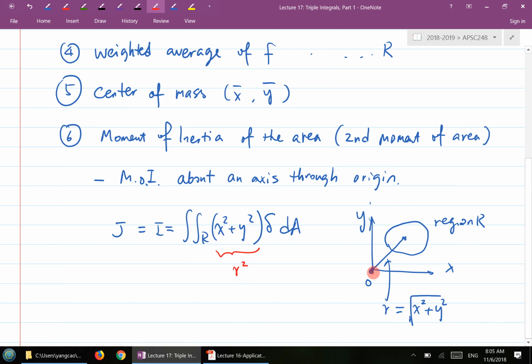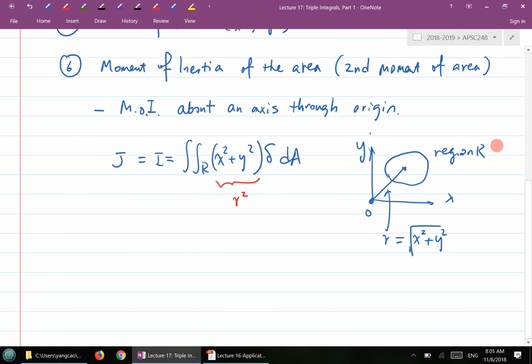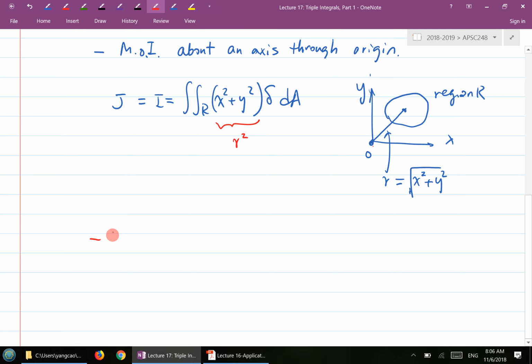So that's the first moment of inertia formula, and the other is the moment of inertia of the area about the x-axis or y-axis.